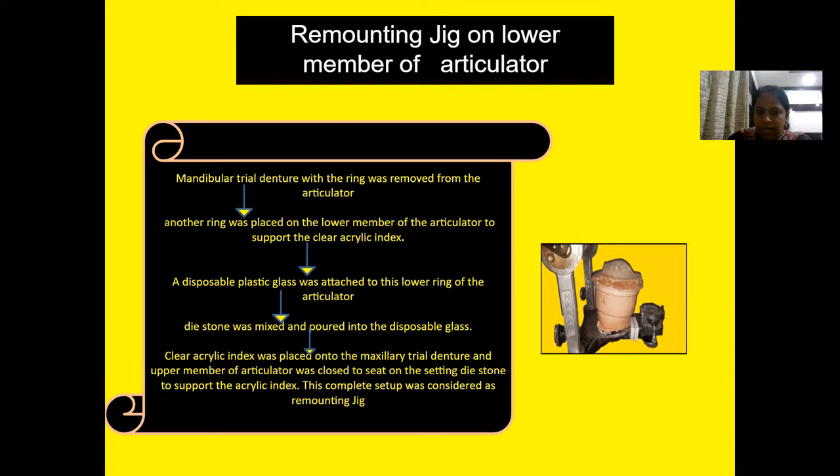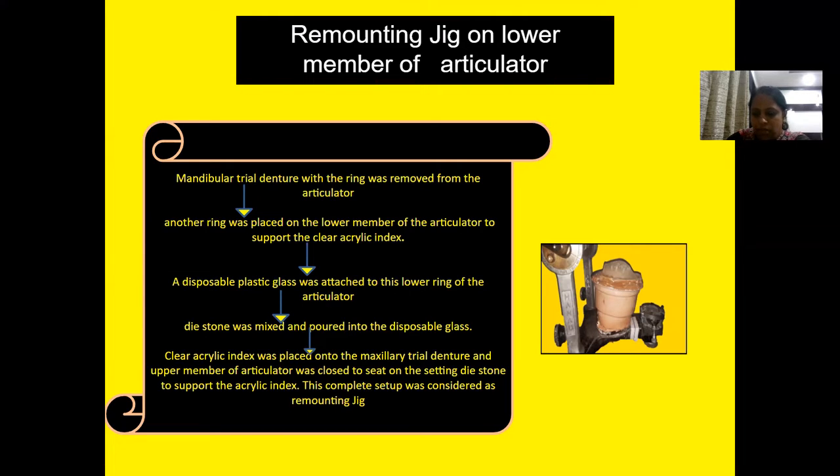For this, the mandibular trial denture with the ring was removed from the articulator, and another ring was attached to the lower member of the articulator. A disposable glass was attached to the lower ring, and die stone was poured in the glass. After that, the clear acrylic index was placed on the maxillary trial denture, and the upper member of the articulator was closed to sit on the setting die stone to support the acrylic index.